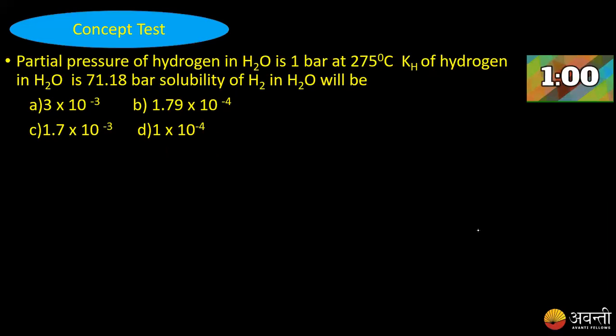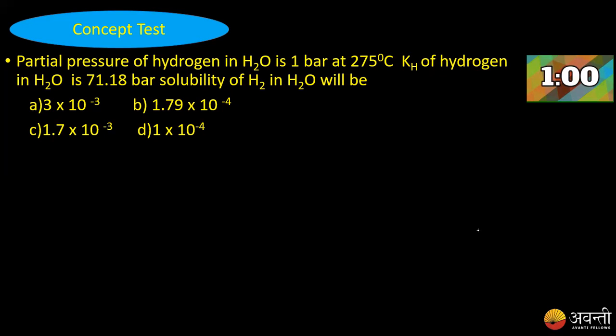Now let's quickly have a concept test. The question is: the partial pressure of hydrogen in water is 1 bar at 275 degrees Celsius.